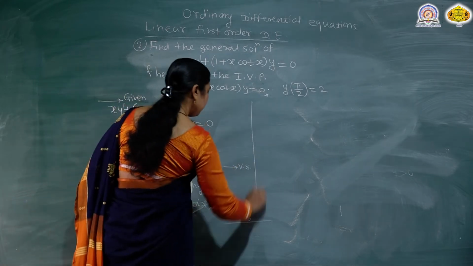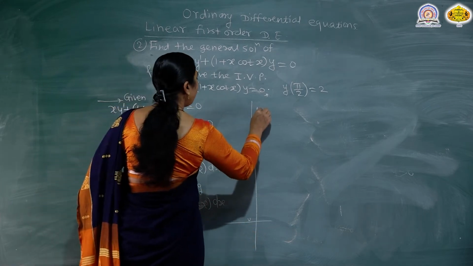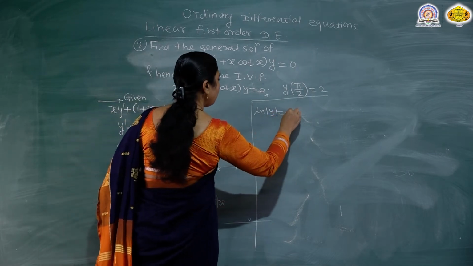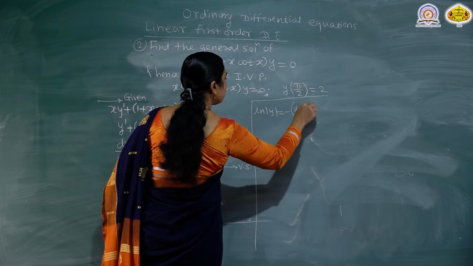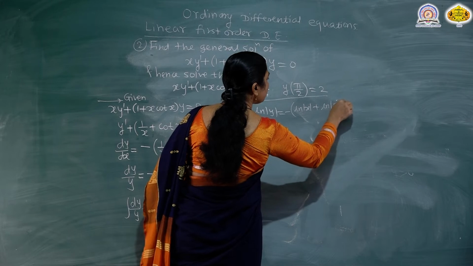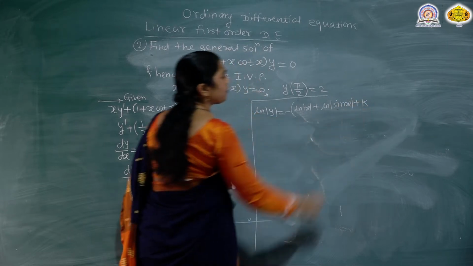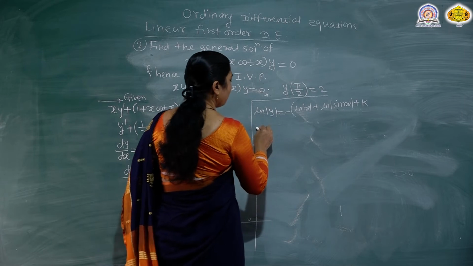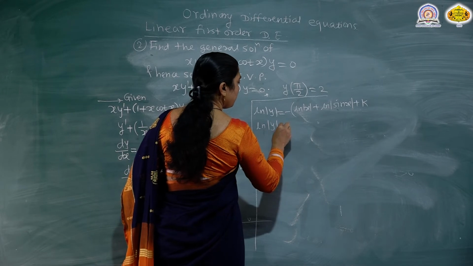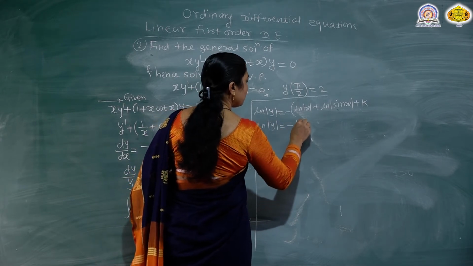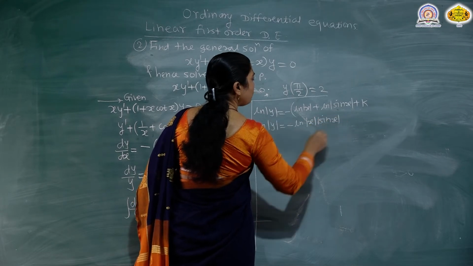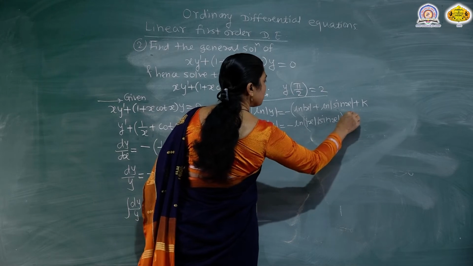Integrating we get ln of mod y is equal to minus ln of mod x plus ln of mod sin x plus some constant of integration k, or we have ln of mod y is equal to minus ln of mod x into mod of sin x plus k.